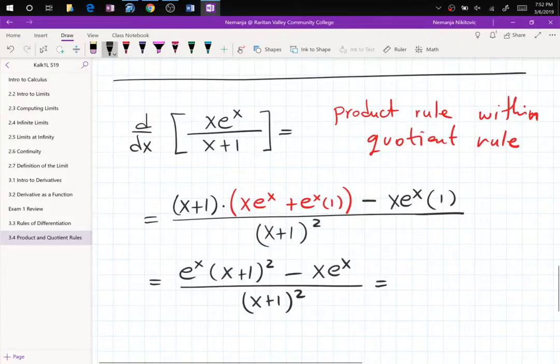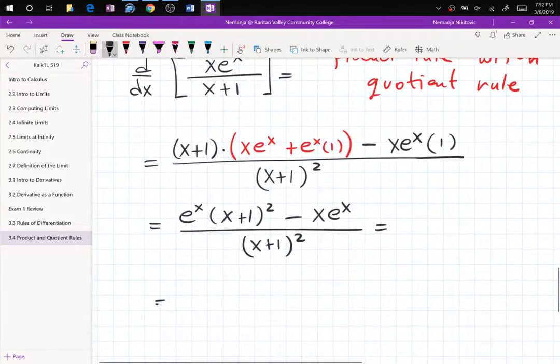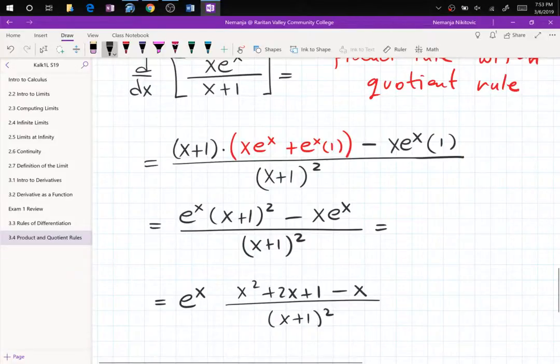Now, I am going to put e to the x in front of the fraction. What I am left with on top is x squared plus 2x plus 1 when I FOIL, and then I have minus x divided by x plus 1 squared.